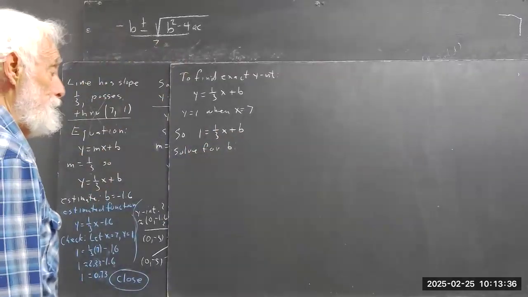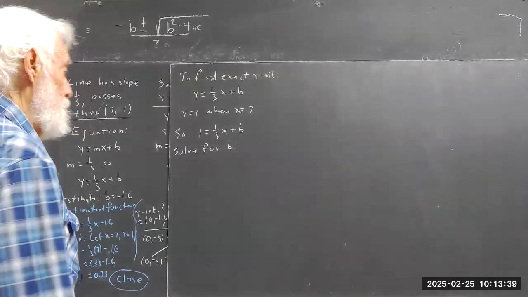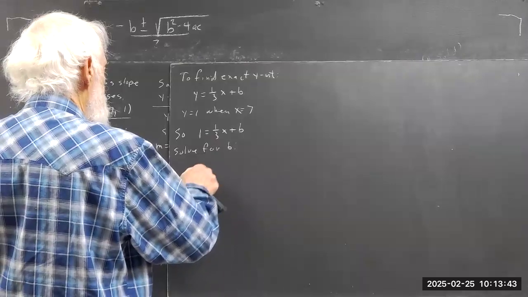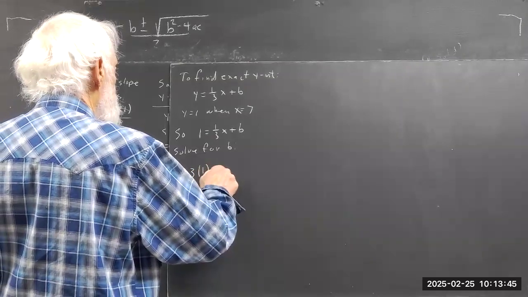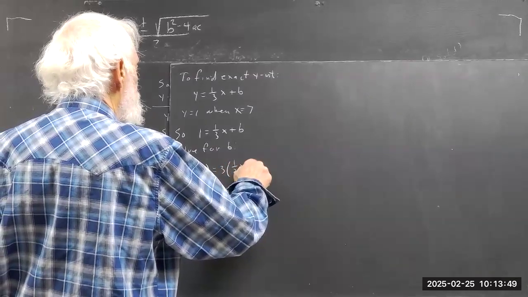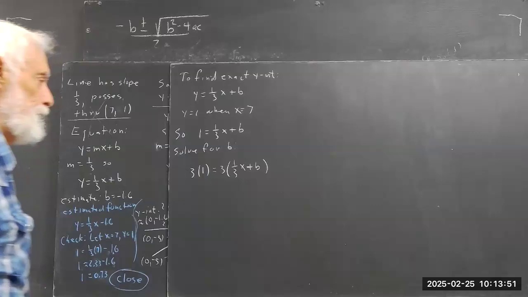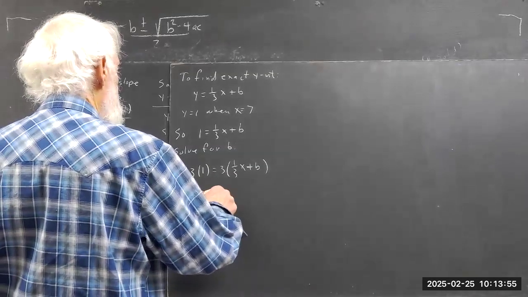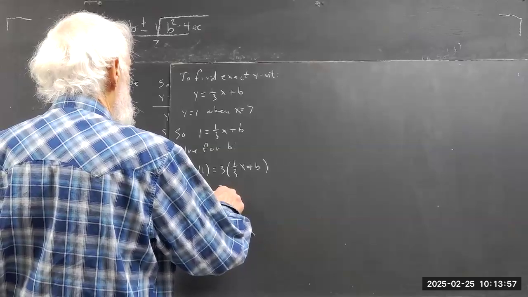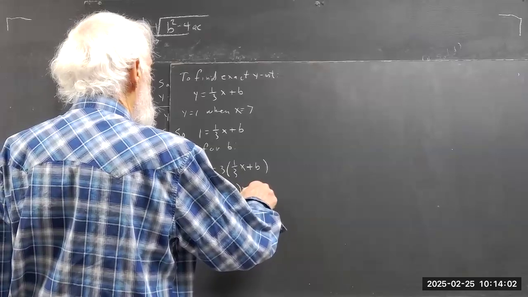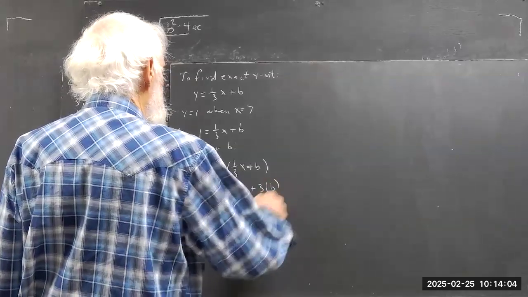Solve for b. Okay. Well, to solve for b, remember we've got a denominator. We want to clear the denominator. So multiply this side by 3, and we multiply this side by 3. That gives us 3 here, and I'll write it out: 3/1 times 1/3 times x plus 3 times b.